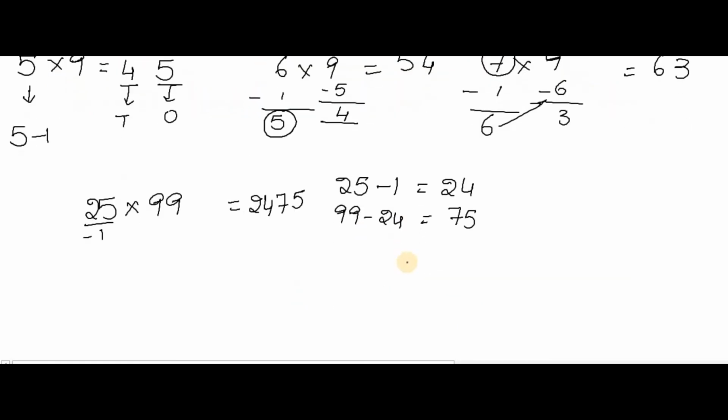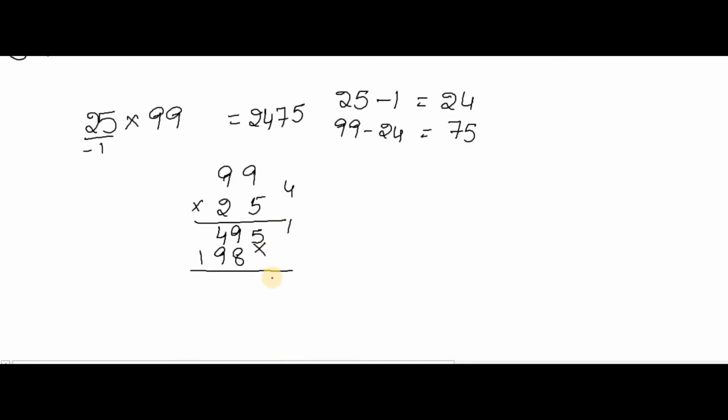Now we will see this answer by the original procedure. 99 multiplied by 25. 5 9s are 45. Again 5 9s are 45 plus carry 4, 49. 2 9s are 18. Again 2 9s are 18 plus carry 1, 19. 5 7s are 10 plus 4, 14, 2.